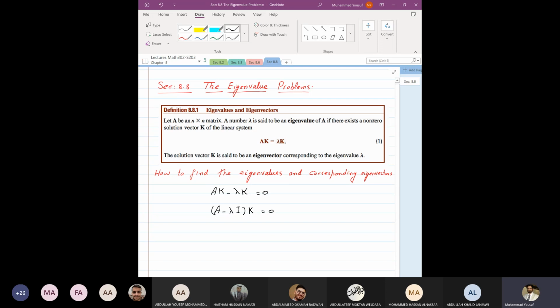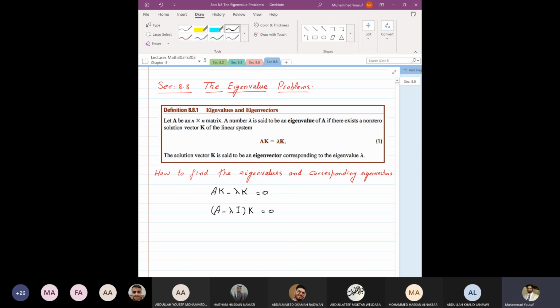So AK minus lambda K, we take K as a common factor on the right-hand side, because in matrices the commutative property is not satisfied. So we need to be careful whether we are taking a common factor from the left or from the right.